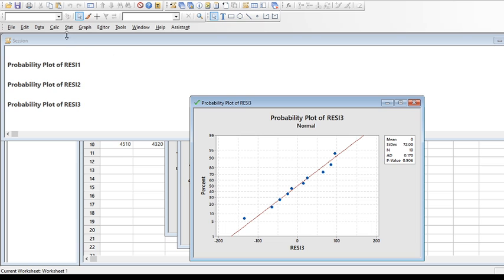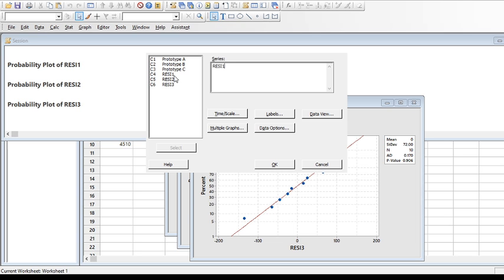Now my second condition is that the residuals should be independent of each other. How do I check it? I can easily run a run chart, or I can even run a control chart over it. So for simplicity's sake, I'll just do a time series plot and see how my residuals are behaving.